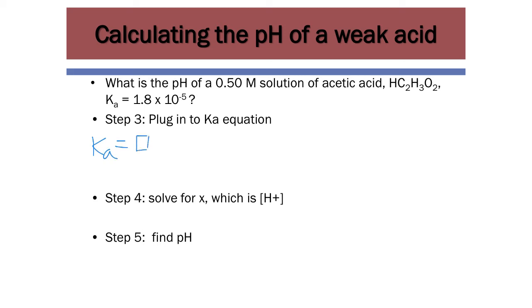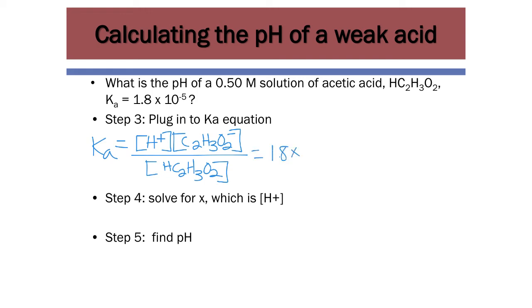So that's going to be the hydrogen ion times the acetate ion over the concentration of the acetic acid. And remember, these are their concentrations at equilibrium. And the value of K is 1.8 times 10 to the negative fifth.